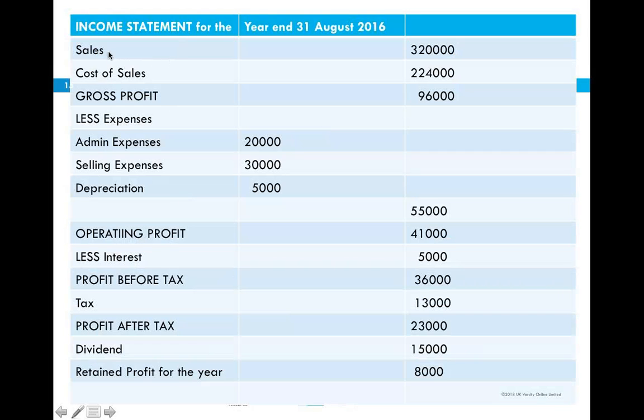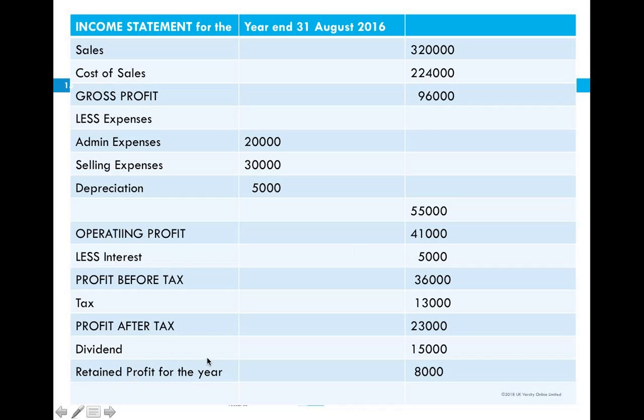Now these are the statements I have shown you before. These are the income statements at a glance. You need to have sales, cost of sales, and then admin and other expenses, which are overhead costs. When you deduct these costs from your gross profit, you will get the operating profit.